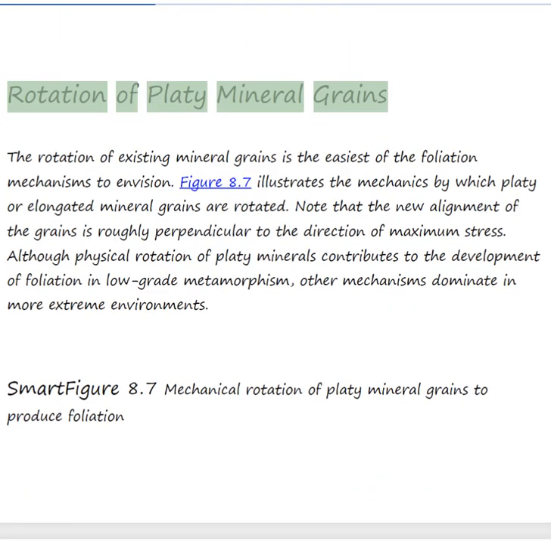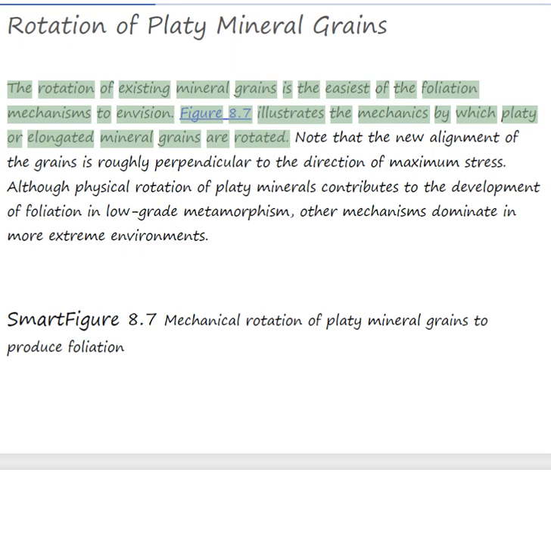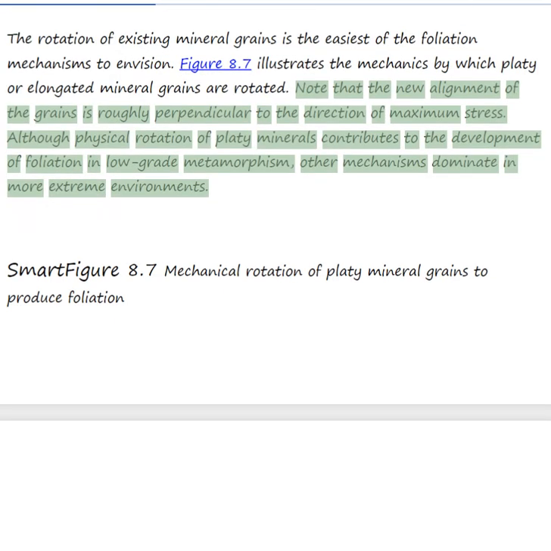Rotation of platy mineral grains. The rotation of existing mineral grains is the easiest of the foliation mechanisms to envision. Figure 8.7 illustrates the mechanics by which platy or elongated mineral grains are rotated. Note that the new alignment of the grains is roughly perpendicular to the direction of maximum stress.